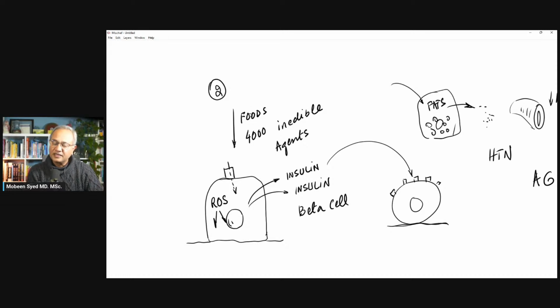Second method, eat healthier foods. And you can think of combining them as well. But I wanted to show you individualized methods, and you could opt for any one of them, and that would help. So better foods, less processed foods, foods with less reactive oxygen species, foods that are less inflammogenic.